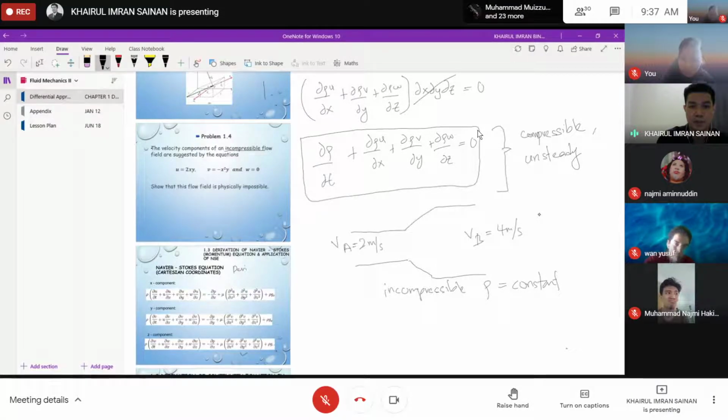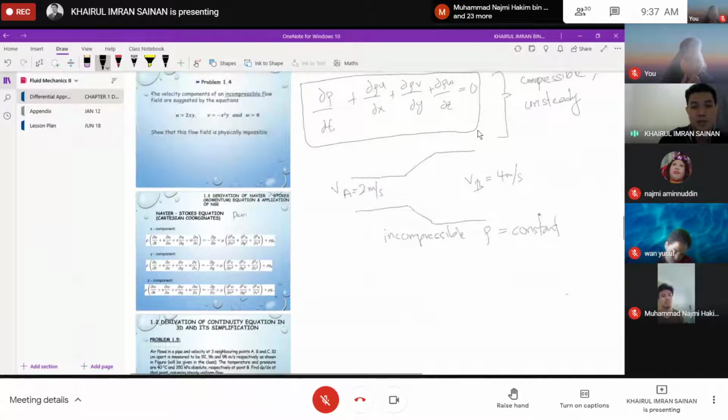So we can basically move the same term, density, to the other side. So meaning we can cancel out the rho. So your equation now becomes del u over del x plus del v over del y plus del w over del z equals 0.